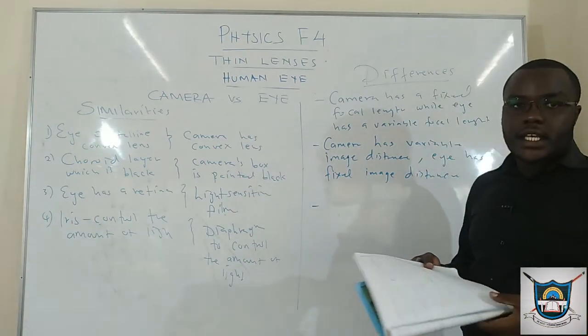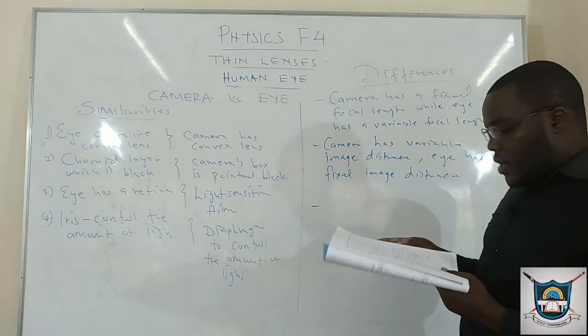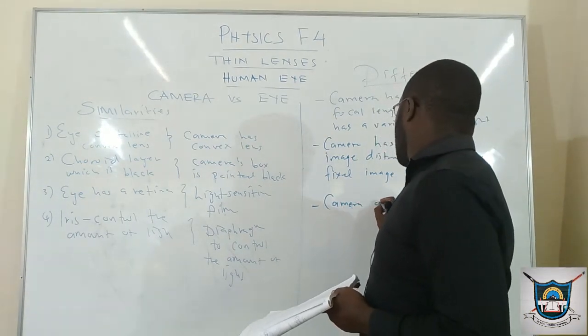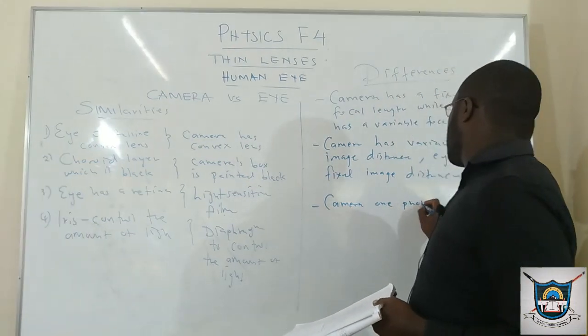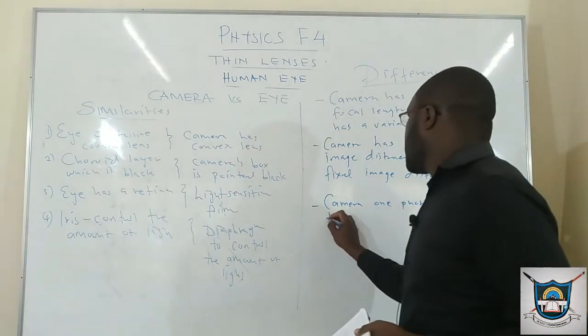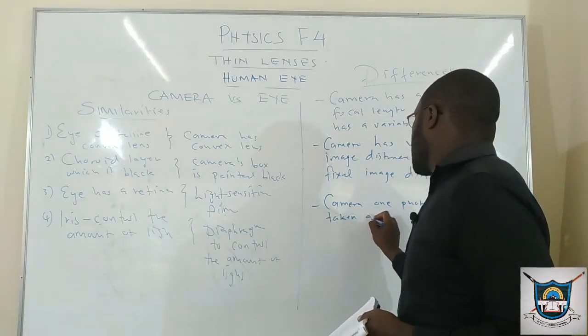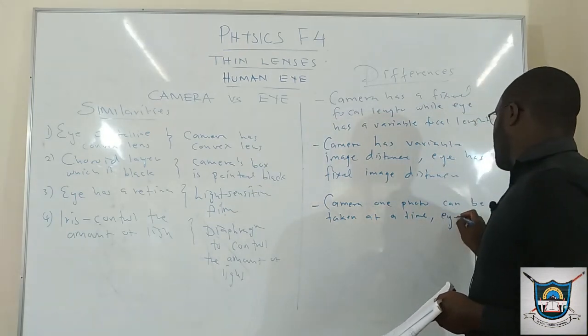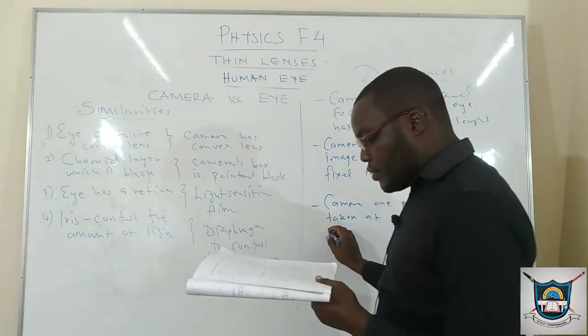Finally, the last difference is that in the camera, one photo can be taken at a time, while for the eye, we have continuous vision.